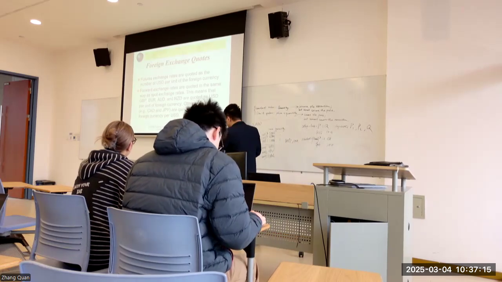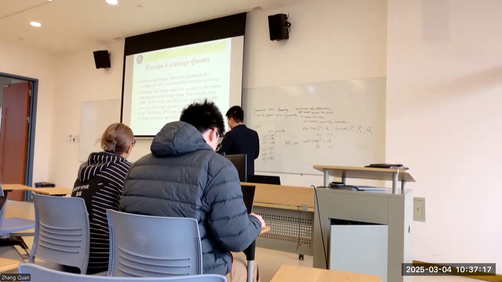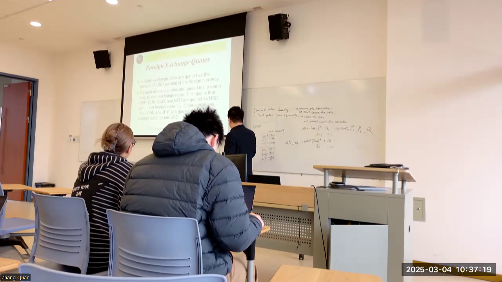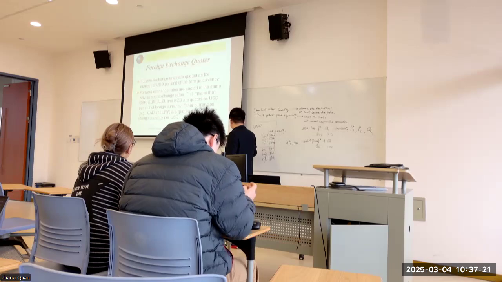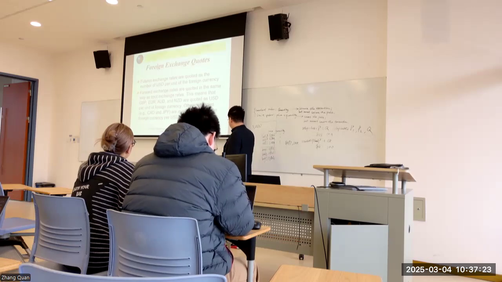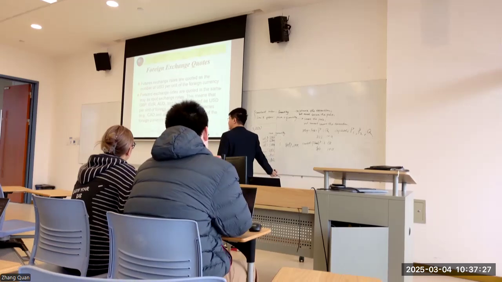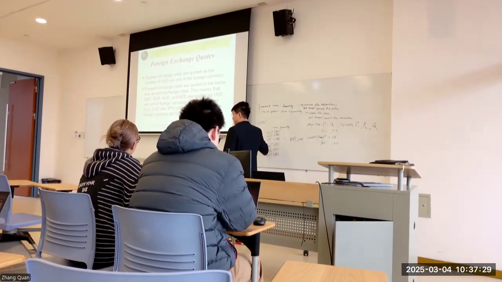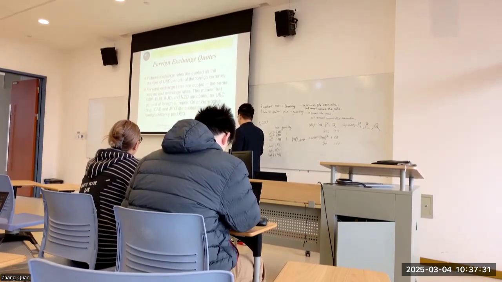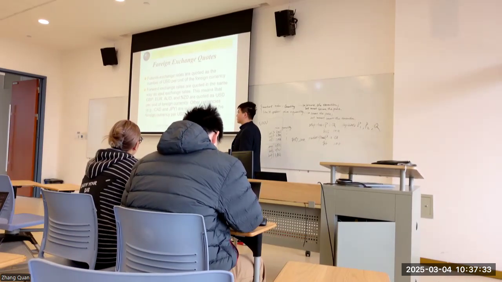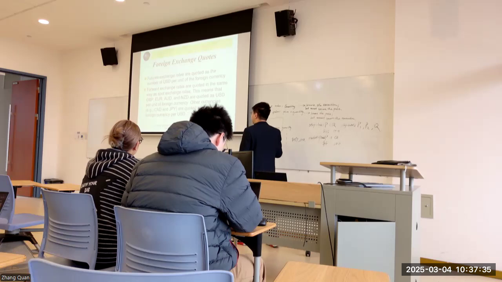That's why for the Great Britain pound, the exchange rate is always quoted like 1.3, 1.2. They don't mention GBP versus USD or USD versus GBP, because this means you need to pay 1.3 USD for 1 GBP.